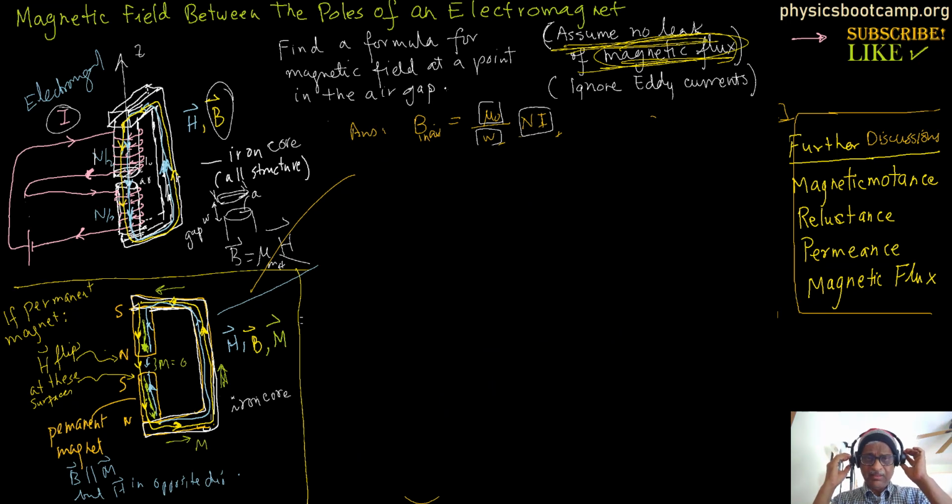Okay, so in the lab, the consideration is not necessarily the magnetic field, but this is a fundamental approximation we are making: magnetic flux B not leaking out, which normally leaks out. Sometimes even 50% of the magnetic flux leaks out.